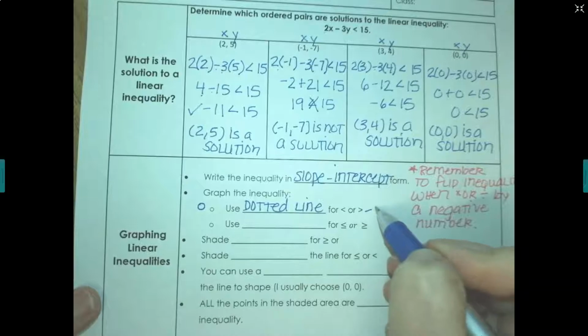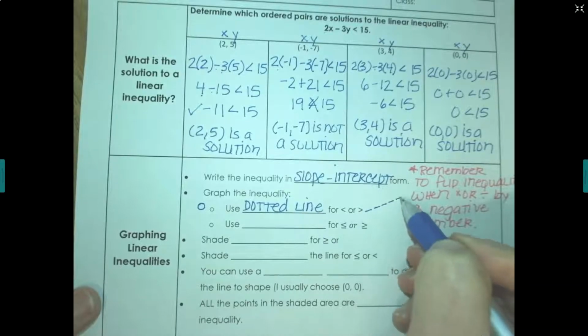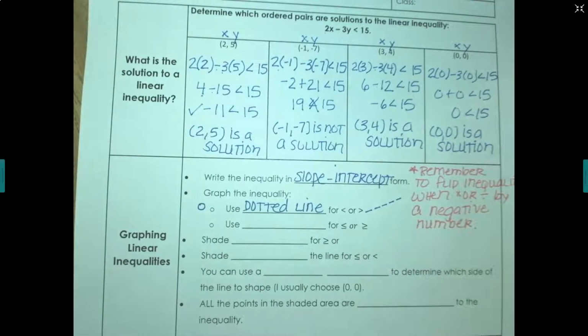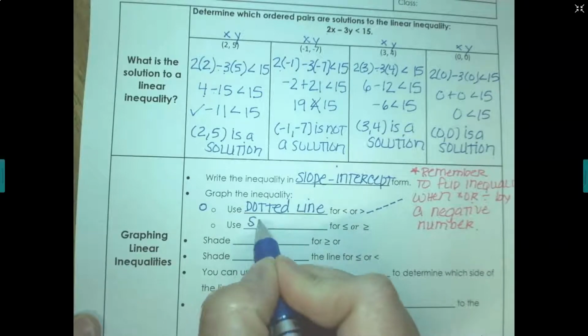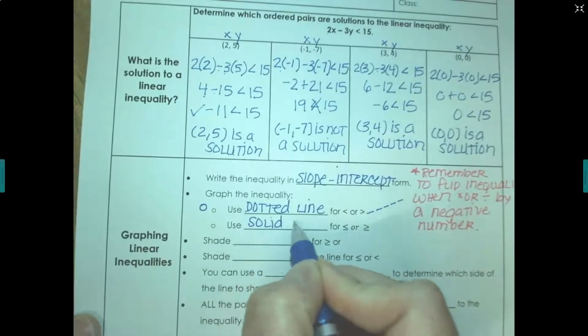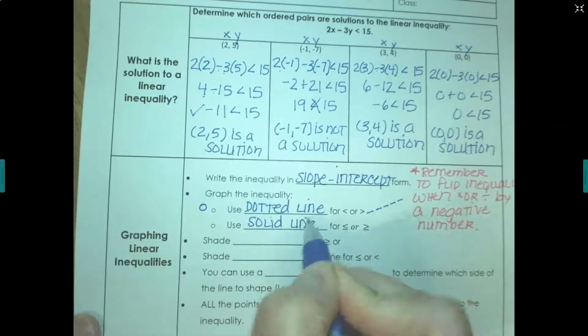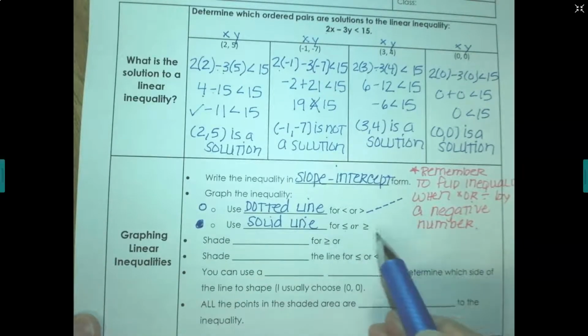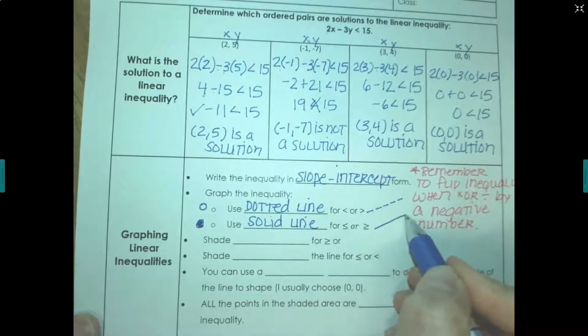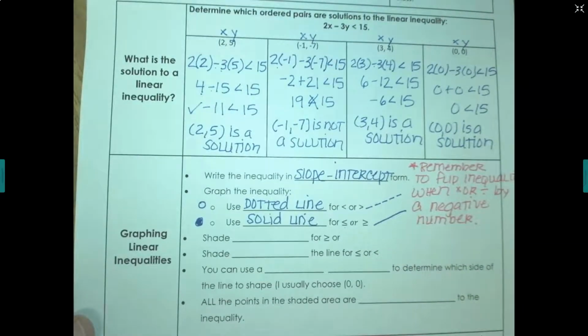So instead of drawing a connected line, we're going to draw a dotted line. If our inequality symbols have equals to under them, we're going to use our regular solid line that we've been using all along. That'd be the same as when we used a closed-in circle. It's kind of like shading in the line to include the line as part of the solution. So that'd be just a regular line.